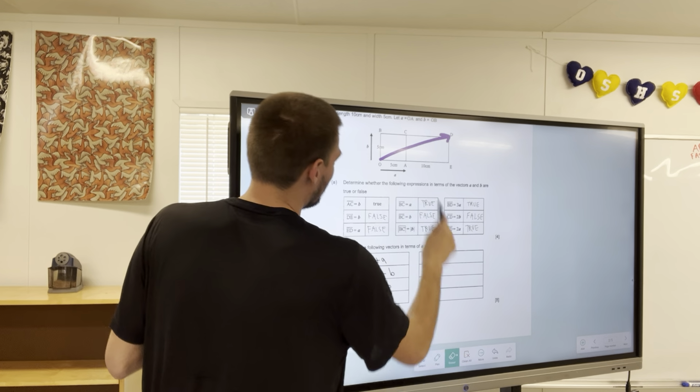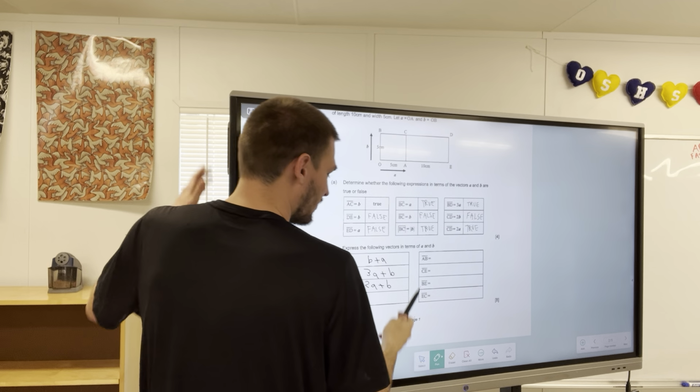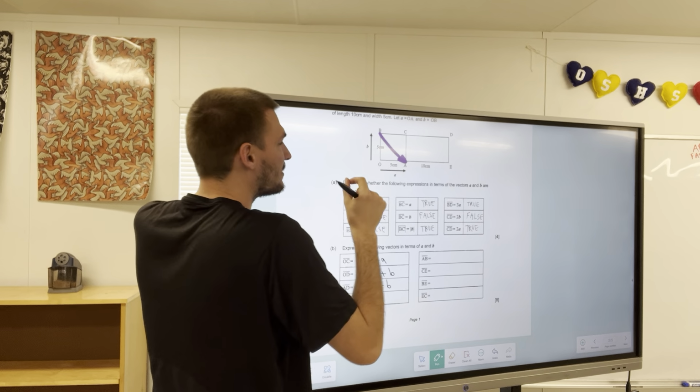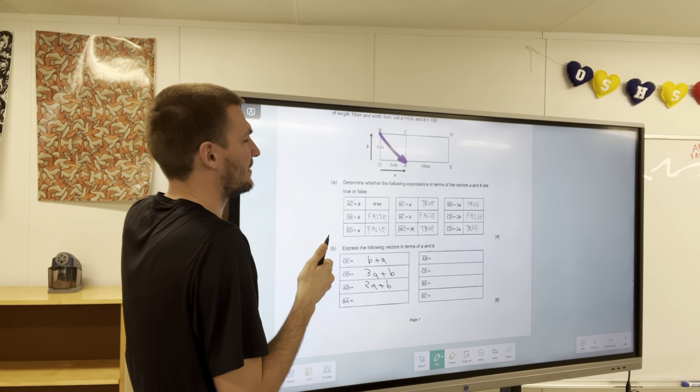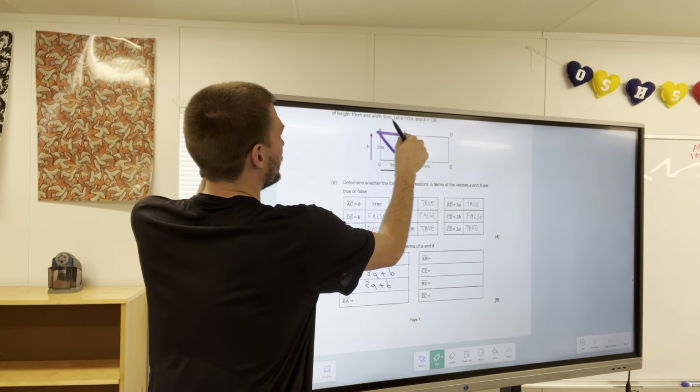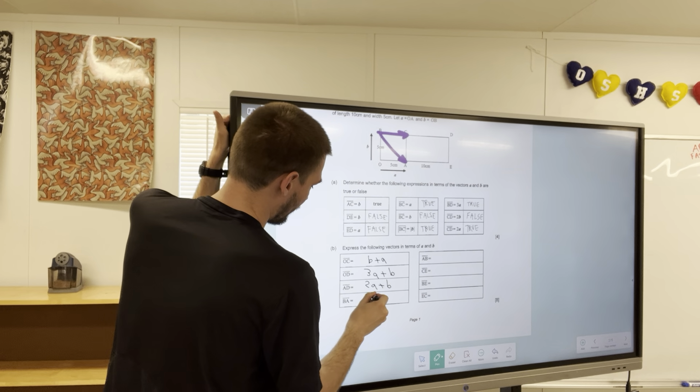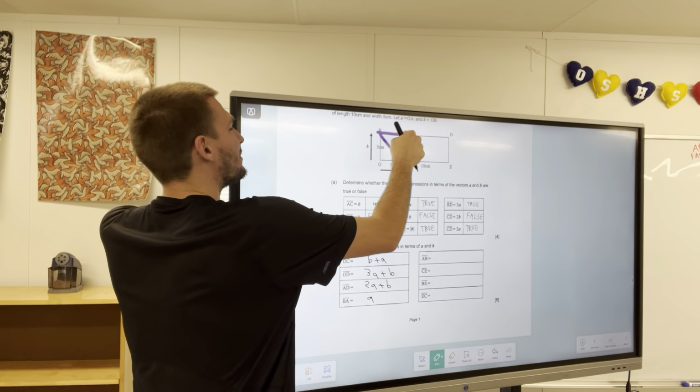Now here's where we're going to get into our first kind of issue with this bottom box, getting from B to A. In order to get from B to A, we could go to the right. That would be an A. But now we need to go down.